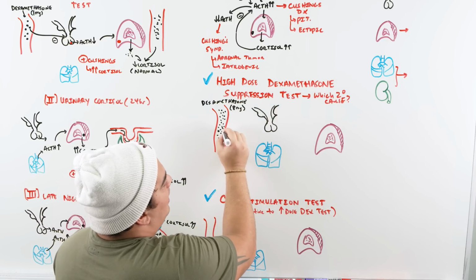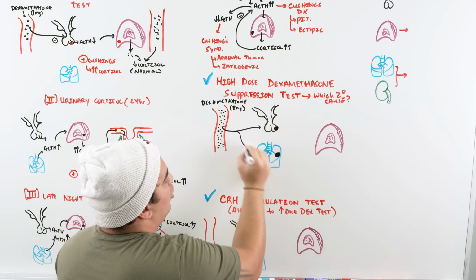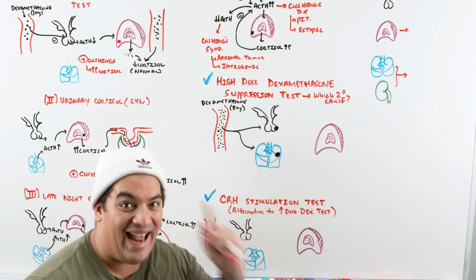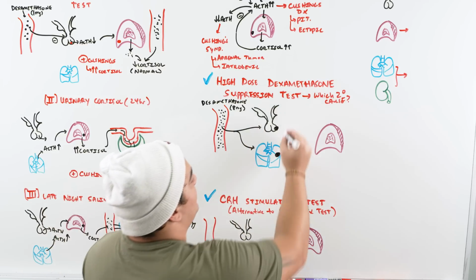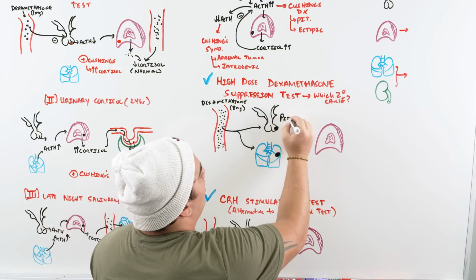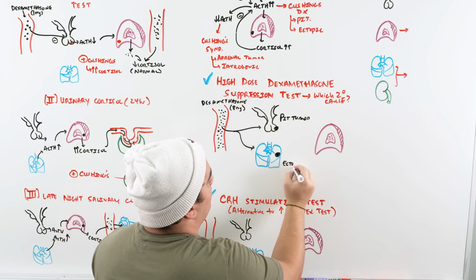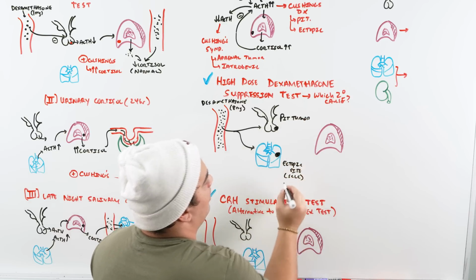When a patient has this pituitary tumor or the small cell lung carcinoma, what we want to know is which one is suppressed by the 8 milligrams of dexamethasone.